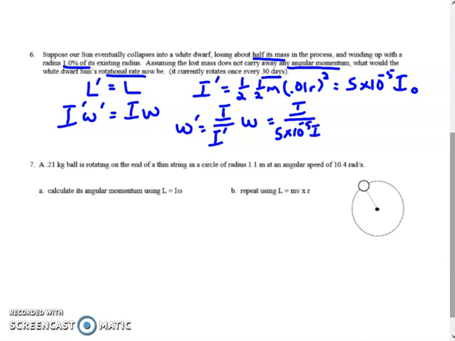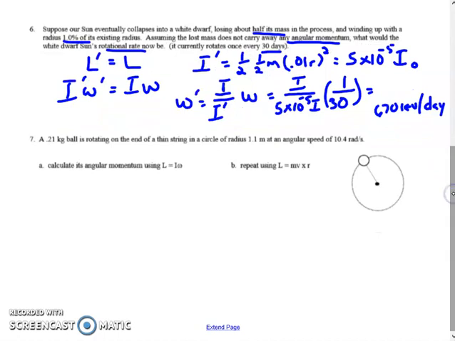And omega is not 30 days, but once every 30 days. So that's what we got to be careful of. I got to put 1 over 30 for omega, just the reciprocal. So if you work that out and solve for the new omega prime, you get 670 revs per day. So it's going to be rotating really, really fast. Interesting. All right, moving on.